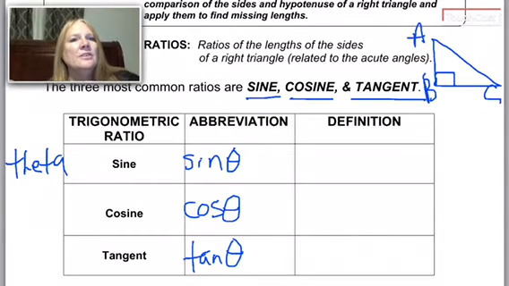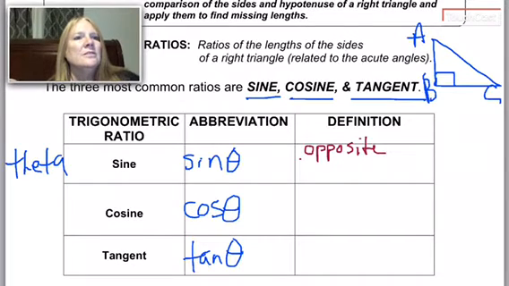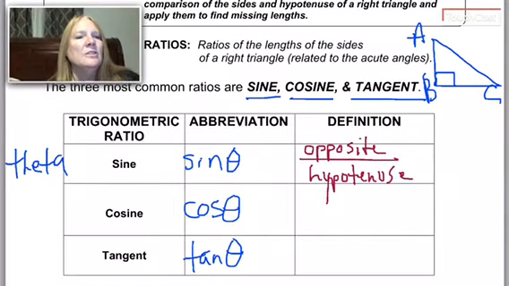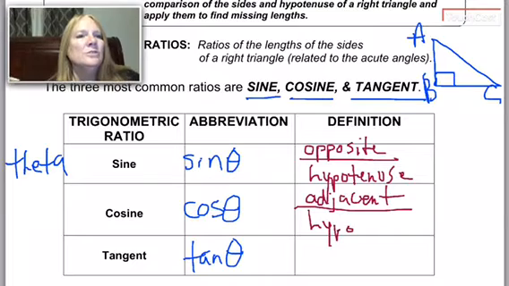Well, the sine is defined as the length of the opposite side divided by the length of the hypotenuse. And we'll explain opposite here in a minute. The cosine is the length of the adjacent side divided by the length of the hypotenuse.